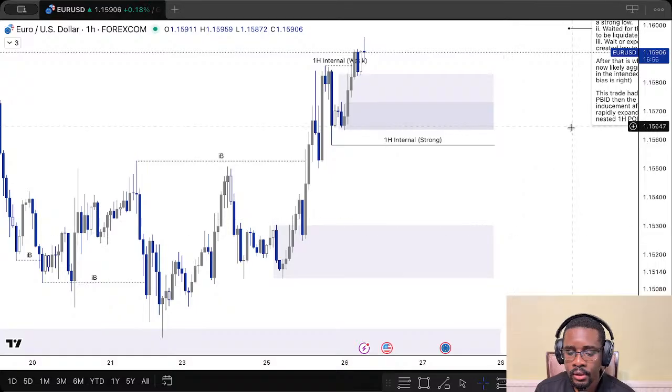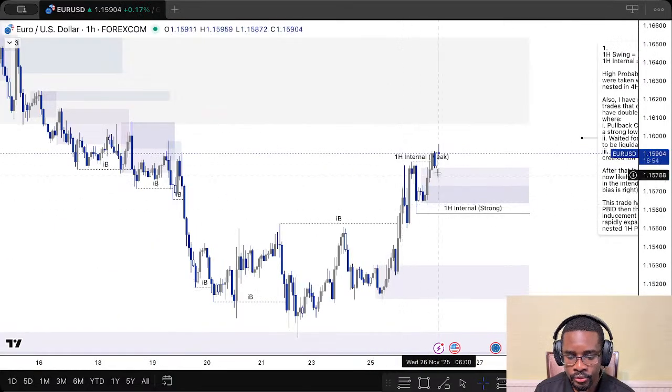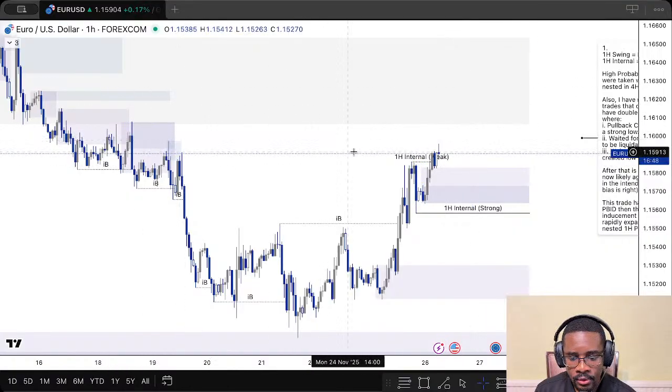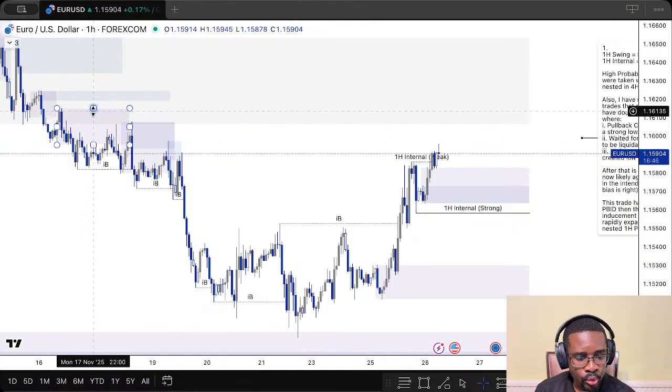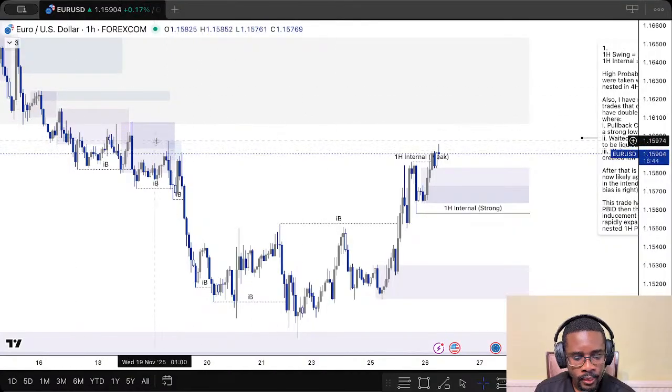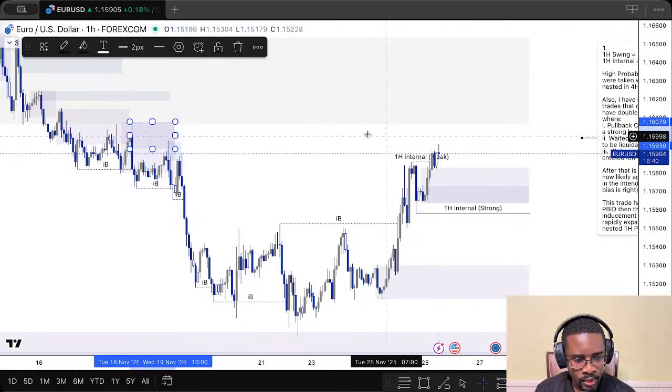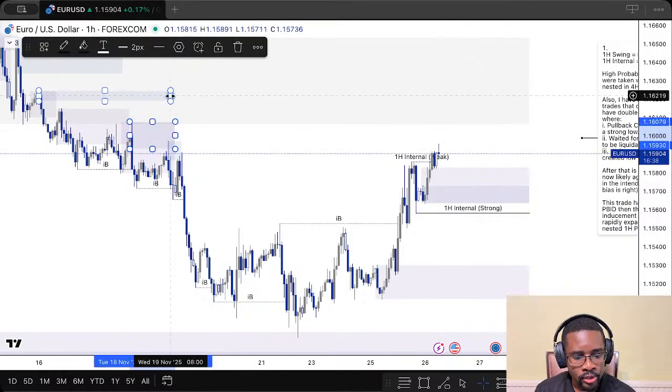If that's going to be my strong low, then that'll be my weak high. In terms of opposing zones, everything has been mitigated, so nothing is fresh.